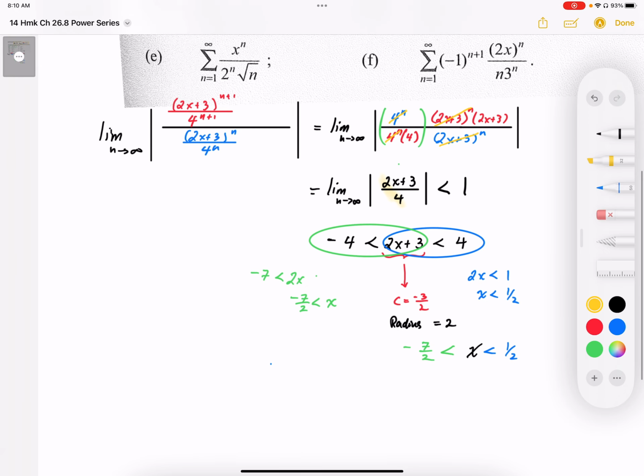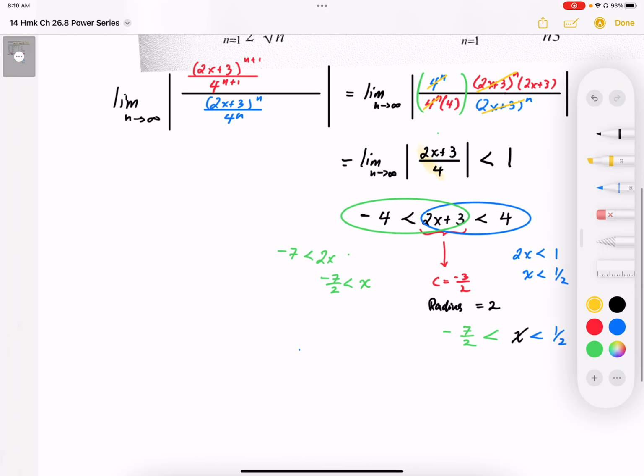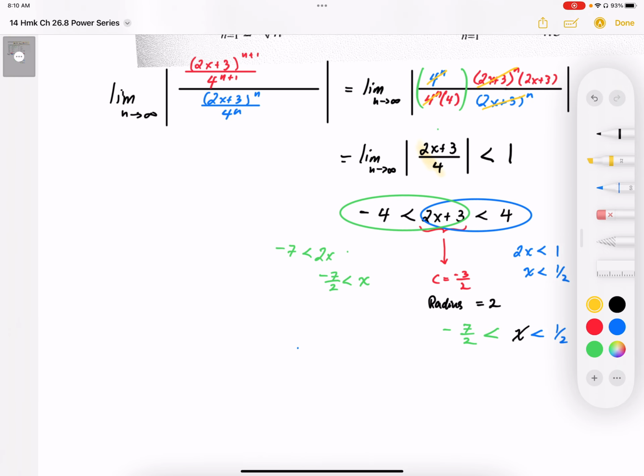Okay, so we have our endpoints. We still need to test our endpoints to see if the endpoints are open or closed. So I'm going to test my left edge. I'm going to test the convergence at x equals -7/2.